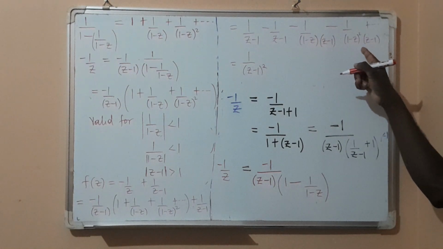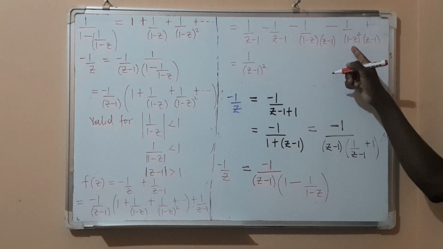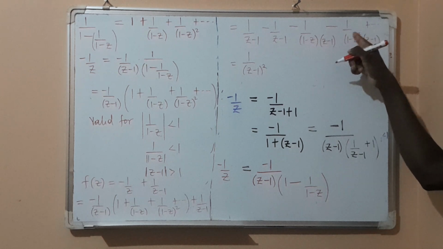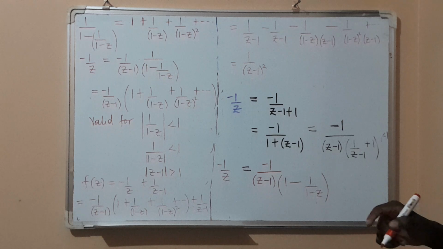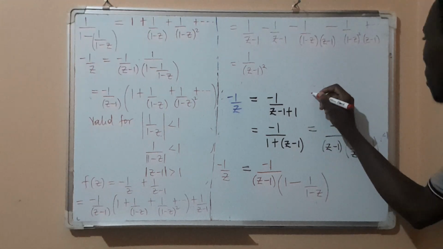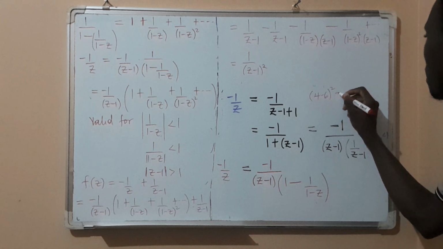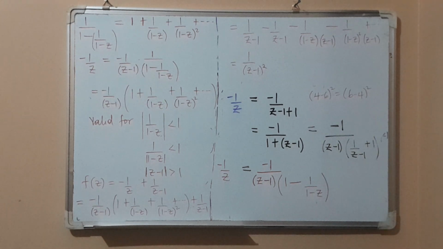The same applies to this. How am I going to deal with this? If I'm having 1 minus z squared, the whole of this, it's the same thing if I start with z. Observe that 4 minus 6 squared is the same as 6 minus 4 squared.